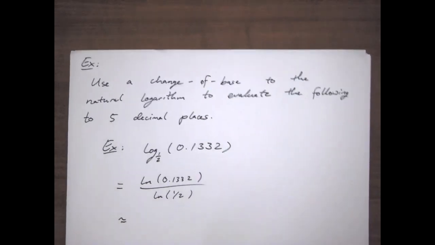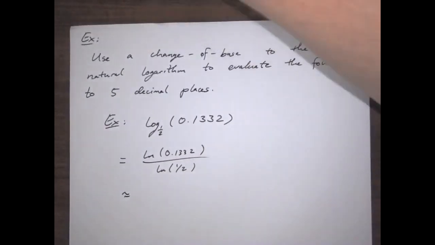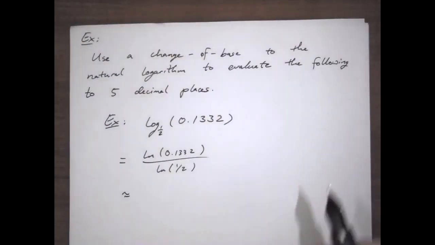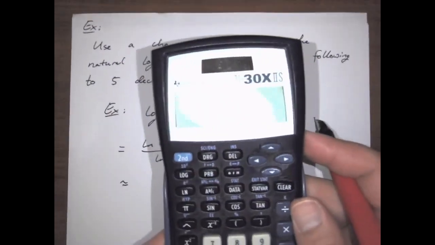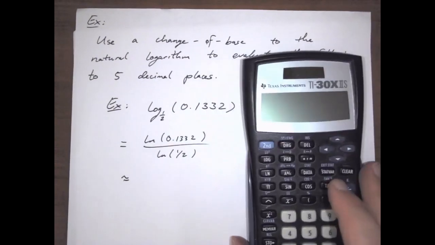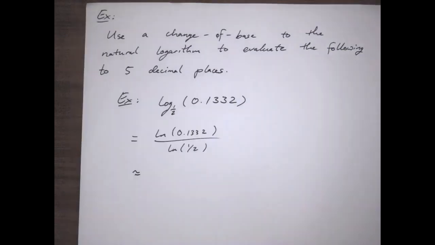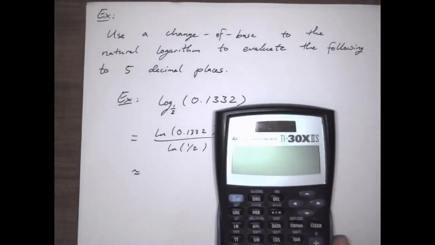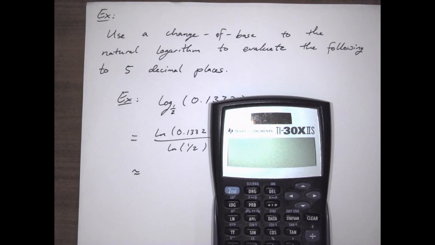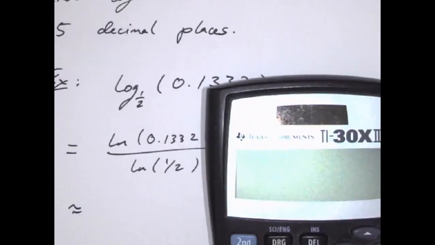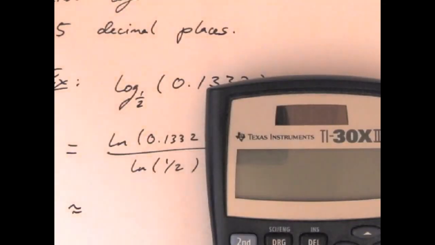And we can just use now a calculator to evaluate this. The calculator you can use can be pretty much any kind of calculator, such as, for example, this one. So here you can just zoom in a little bit, get a better view.